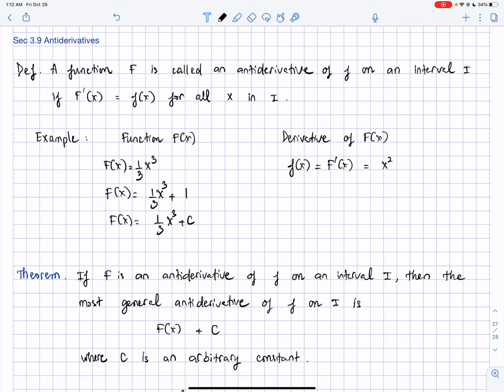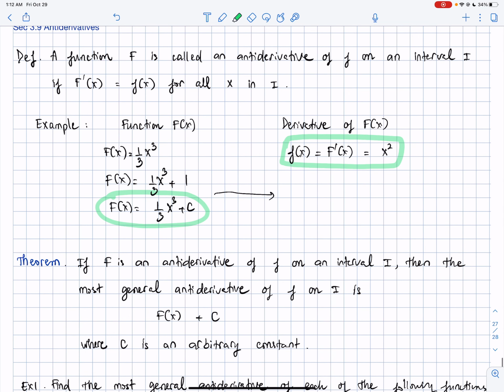Then you take the derivative of the big F of x, and the derivative, which is the little f of x, is still x squared. So in general, we say that F of x equals 1/3 x cubed plus c is the most general antiderivative of the function small f of x.